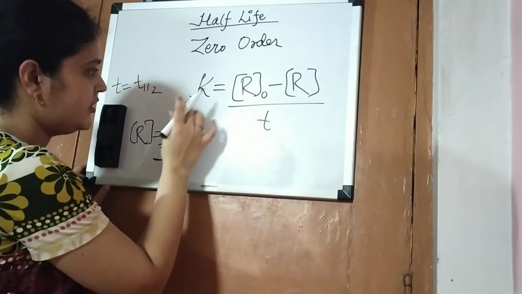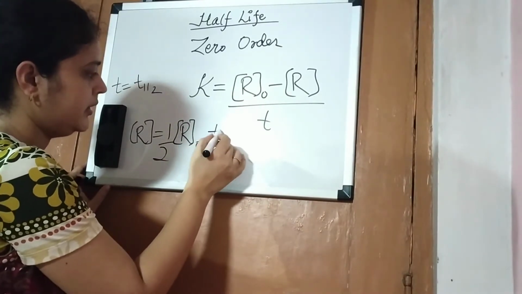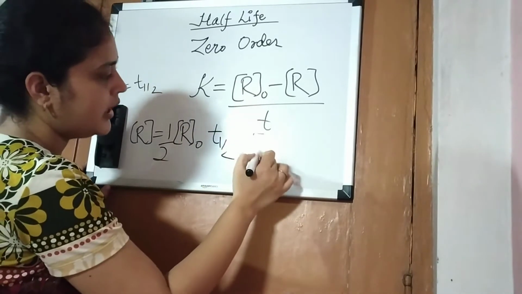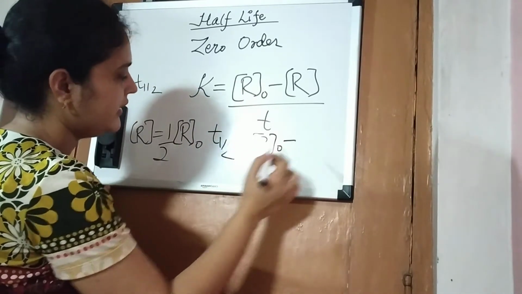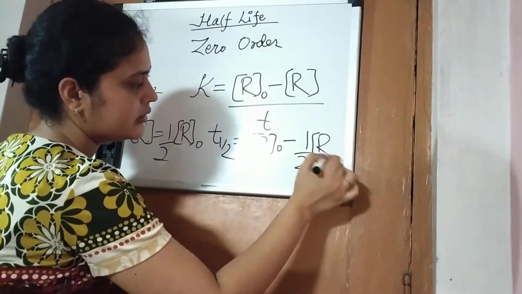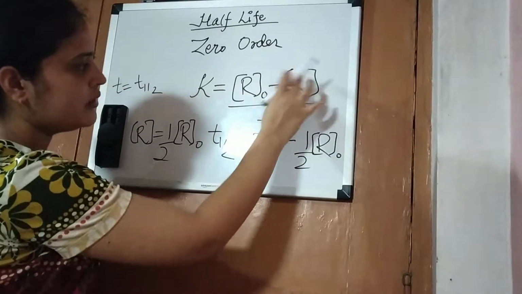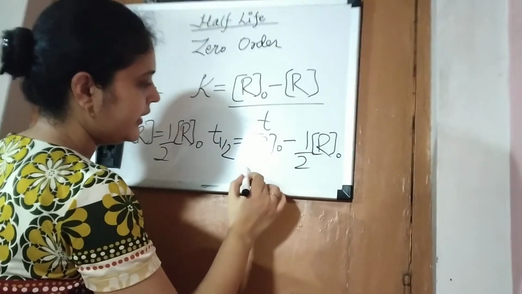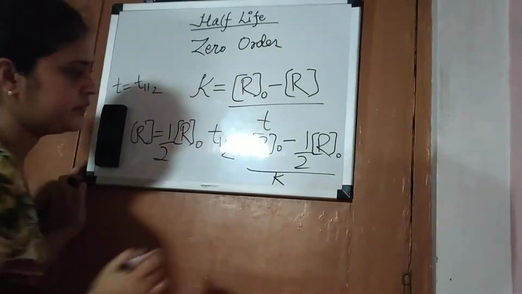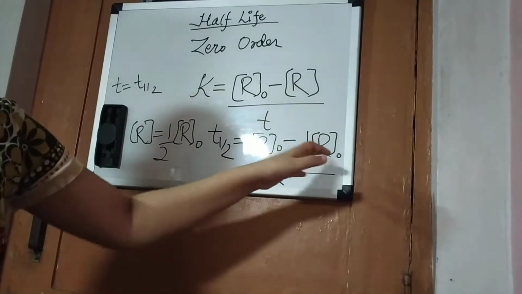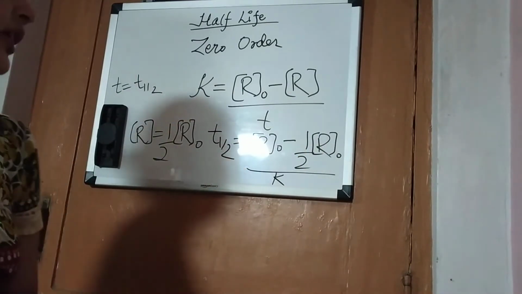I'll interchange their positions. So it will become T half equals R naught minus half R naught. In place of R I have kept 1 by 2 R naught, right? And upon K. So now what will happen?